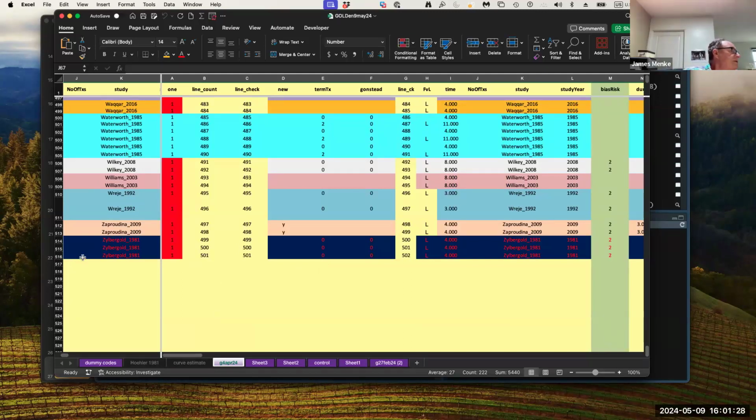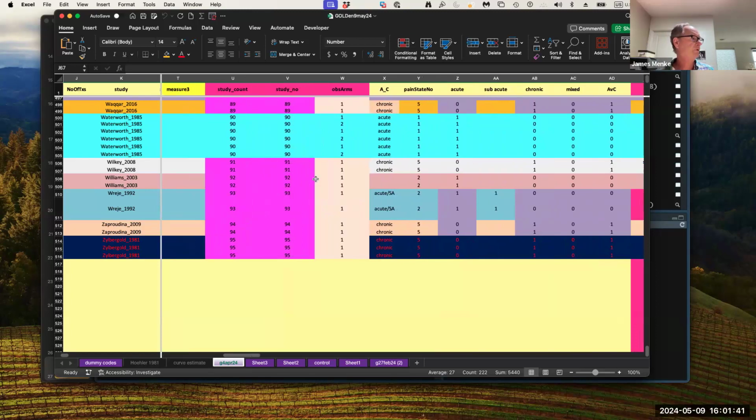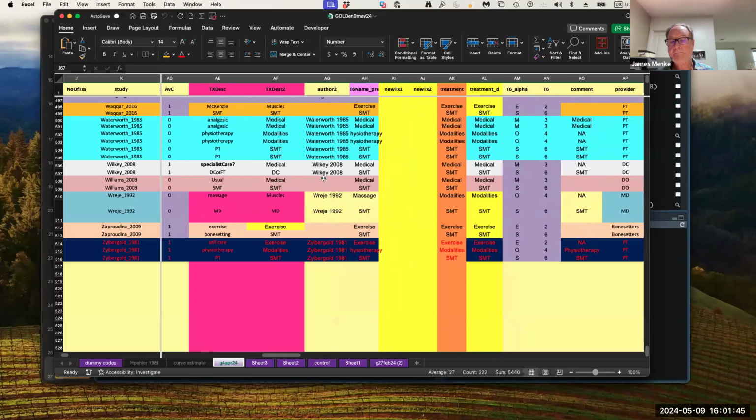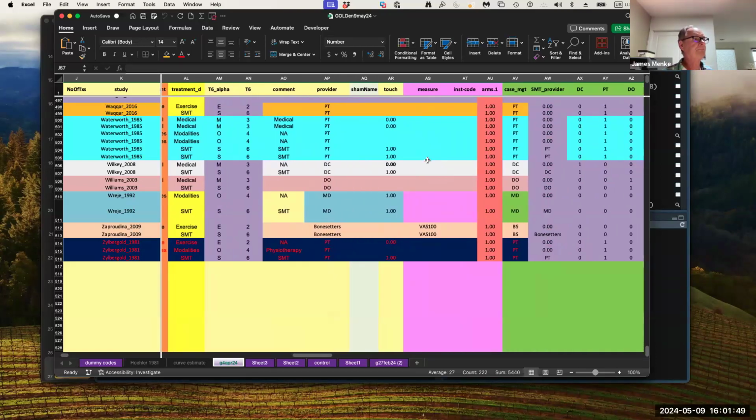I've got 516 arms, and arms within studies, and then pre-scores and post-scores, the percentage of improvement, which converts roughly to probability. Anyway, let's see.